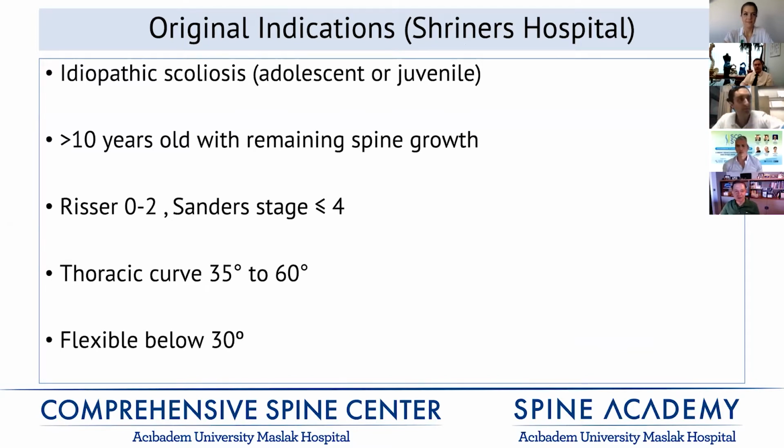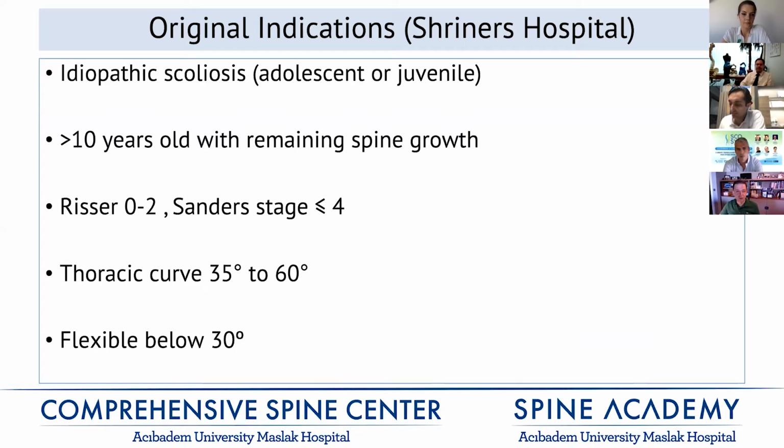The original indications were first defined by the Shriners Hospital case series after 2012, and these were also the indications with which we began our practice. Patients with idiopathic scoliosis, preferably older than 10 years, with remaining spine growth, are candidates for the surgery.